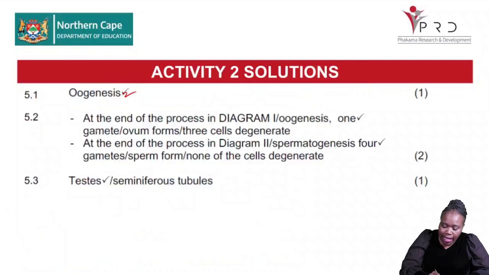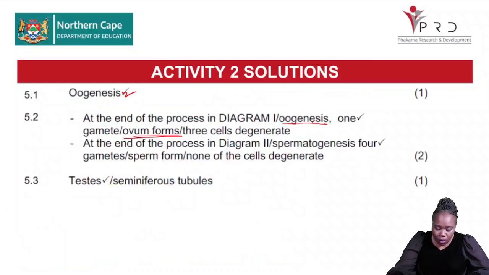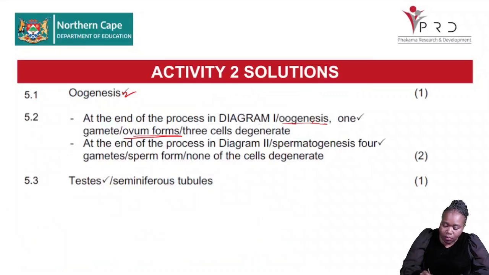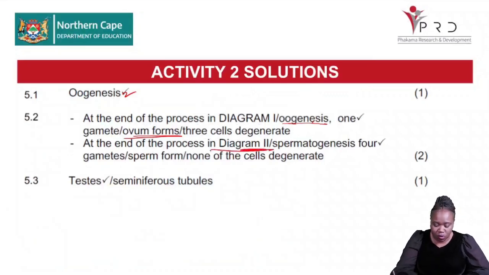So at the end of the process in diagram 1, which is oogenesis, one gamete or one ovum forms, whereas the 3 cells degenerate. Or you can say that at the end of the process in diagram 2, which is spermatogenesis, 4 gametes or sperm cells are formed and none of them have degenerated.